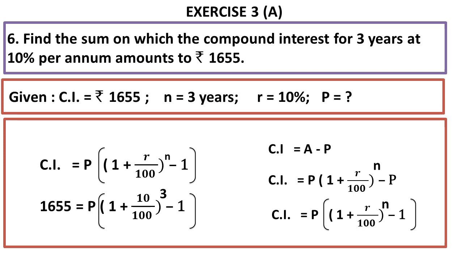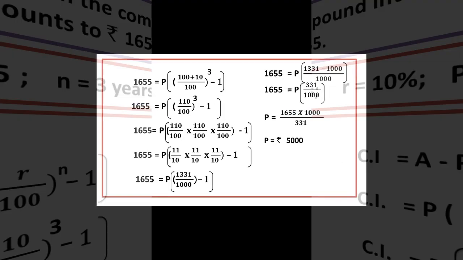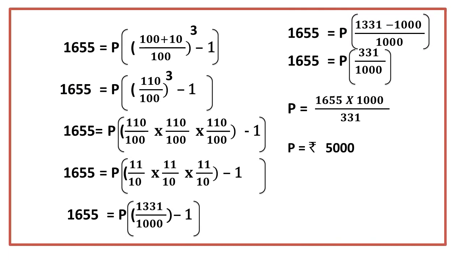So let us use the same formula to find out the solution for this problem. Compound interest is equal to P into 1 plus R by 100 to the power n minus 1. Compound interest is 1655. P has to be calculated, so keep P as it is. In the place of R, substitute 10 and n as 3. In the further steps, 1655 is equal to P into, take the LCM as 100, add the numerator, 100 plus 10 will lead to 110.